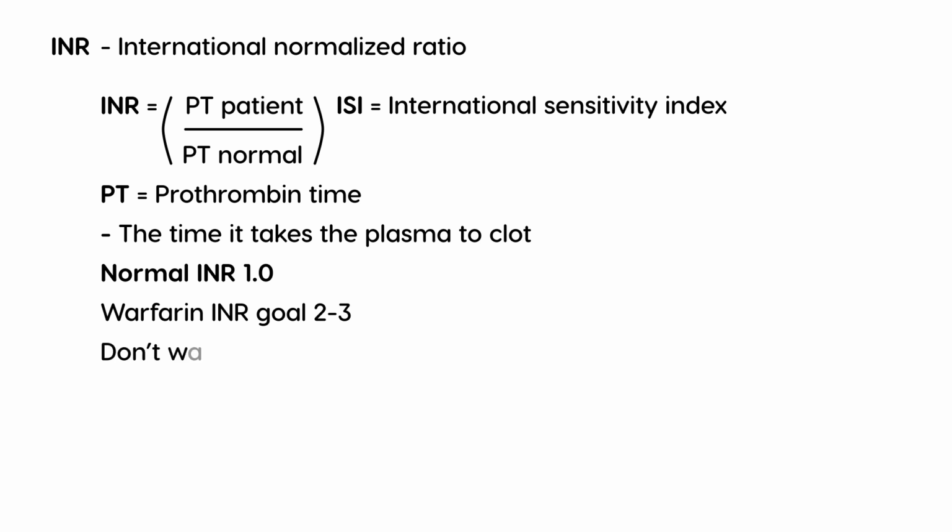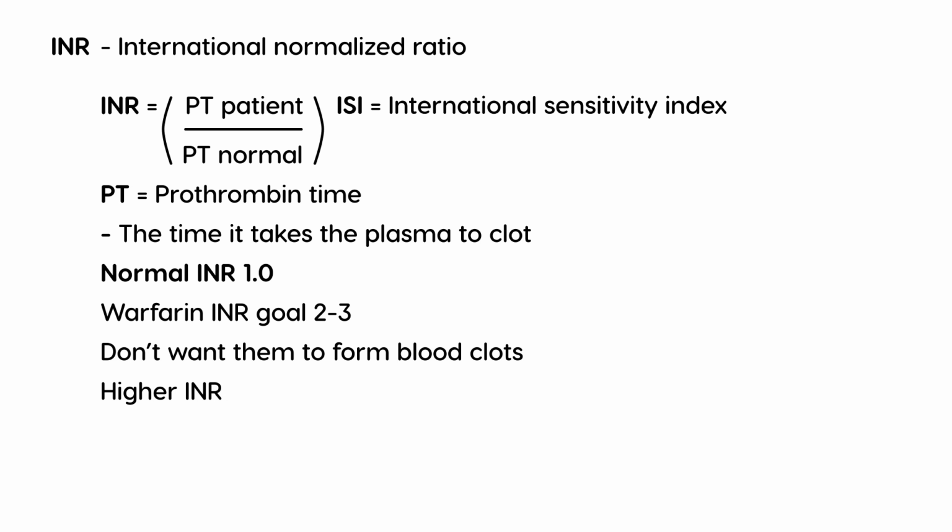Essentially, we don't want patients to form blood clots. For example, let's say the patient had a pulmonary embolism or a deep venous thrombosis or any condition in which they formed a blood clot. We want to keep them in a situation in which they won't form it again. So we want to keep their INR higher.